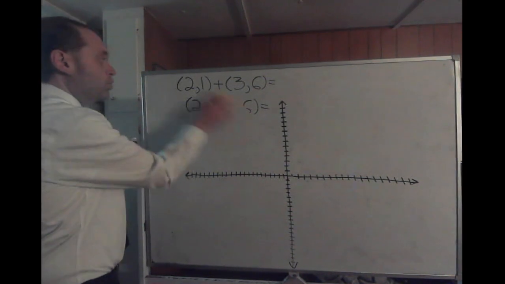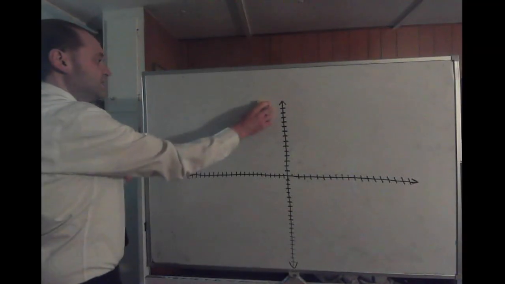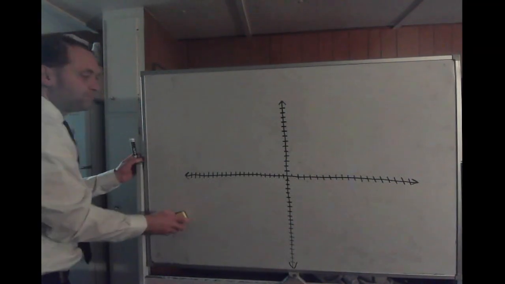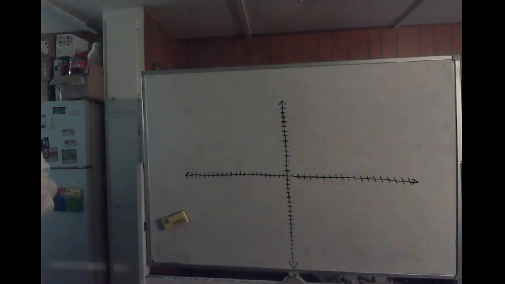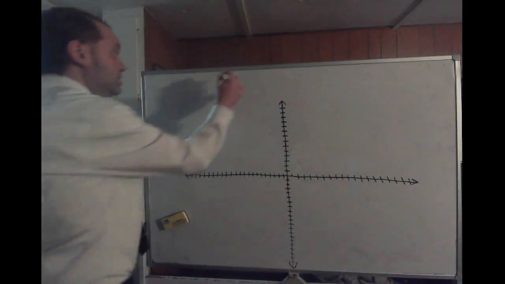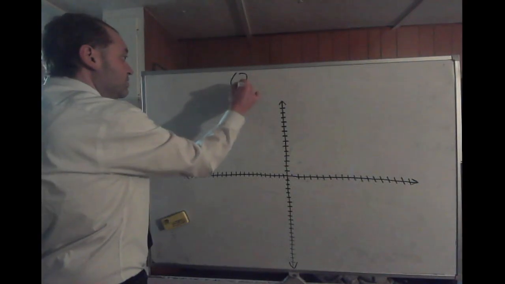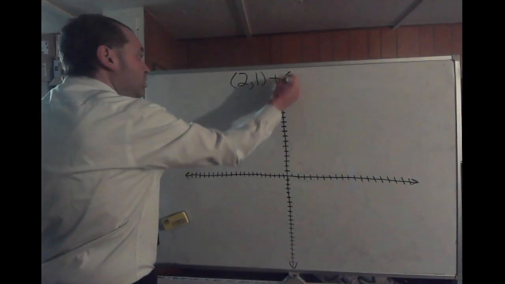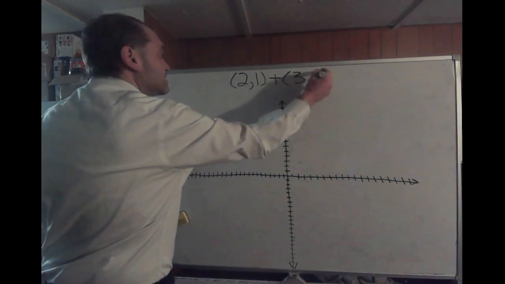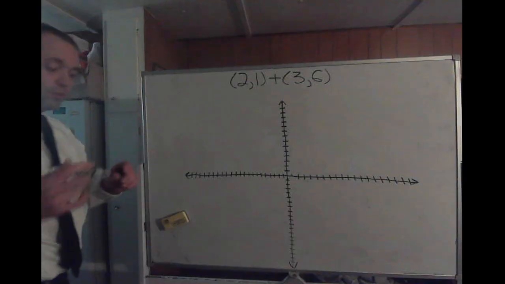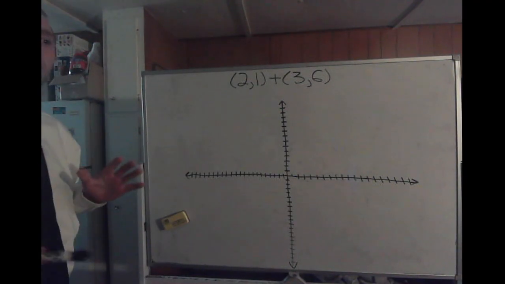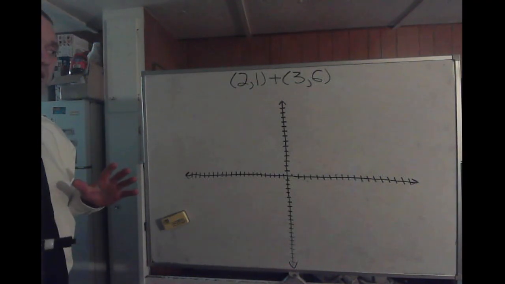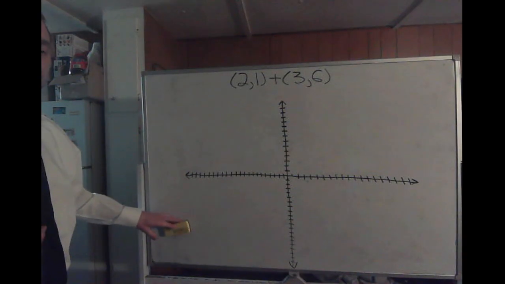Okay, that's great, but what does that look like? What does that look like? So we're going to actually now add these 2 vectors together. We're going to take the vectors 2, 1 plus 3, 6, and now not only are we going to add them, we're going to illustrate what the heck that actually looks like when you do a vector sum.